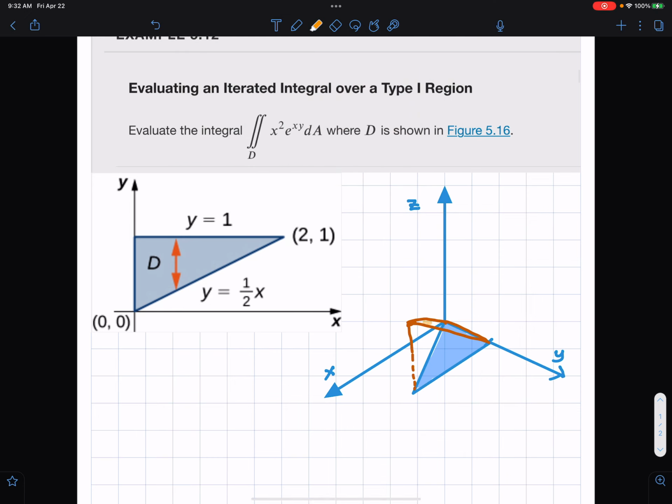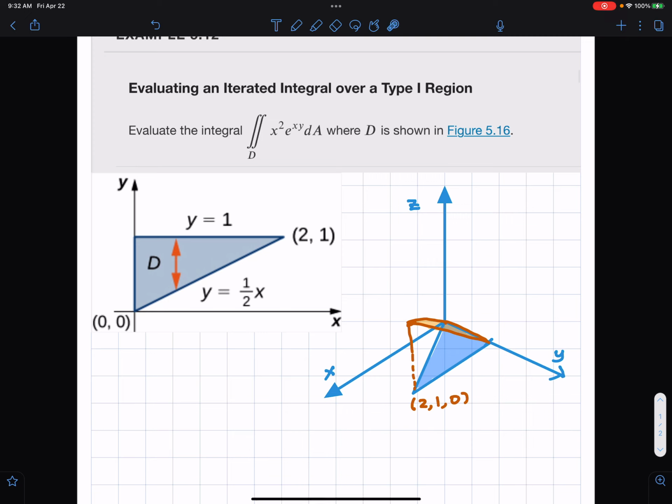Then what this problem is doing is finding the volume underneath that surface. Now that I'm thinking about it, this is not in the OpenStax solution, but you could find this point here. This point apparently is x is 2, y is 1, and z is 0.